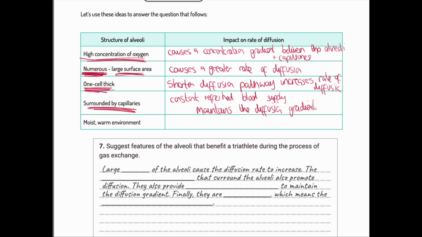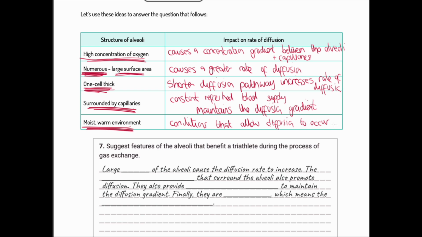And then a moist, warm environment. Lovely environment. Basically, it means everything can happen: perfect conditions that allow diffusion to occur.